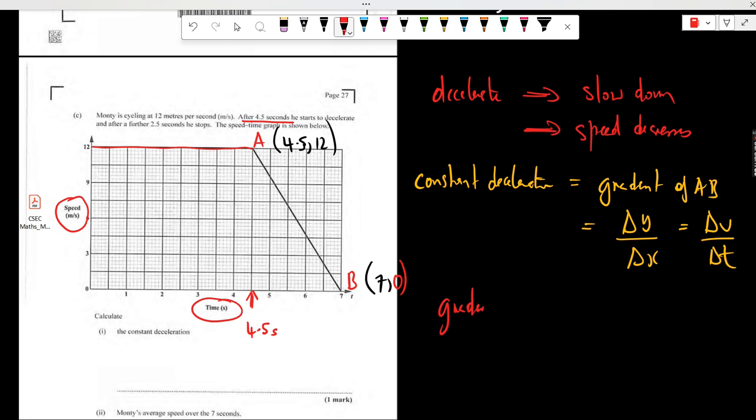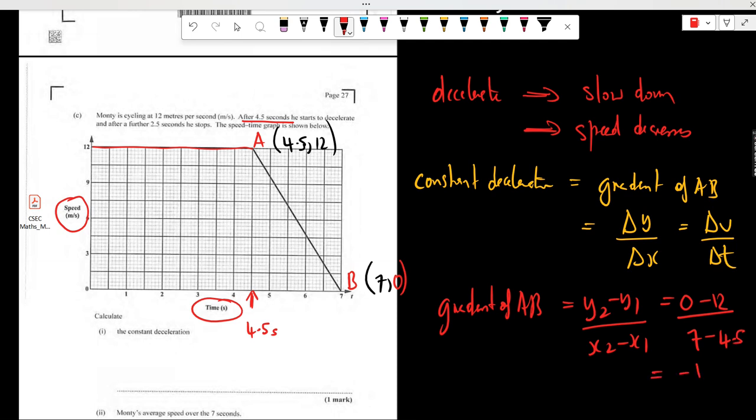So the gradient of AB is equal to y2 minus y1 over x2 minus x1, which gives us 0 minus 12 over 7 minus 4.5. Is that 4.5? Yes, 4.5.